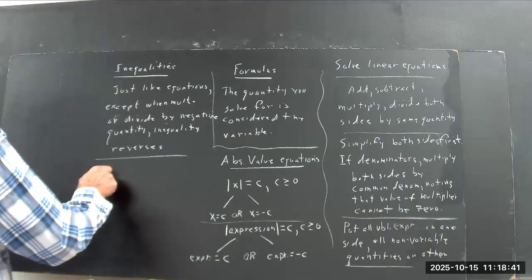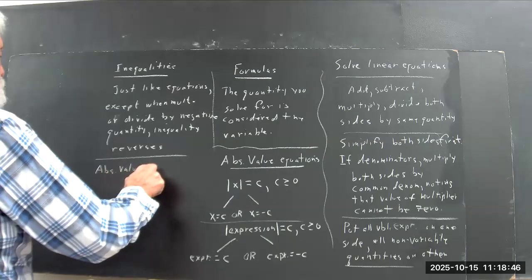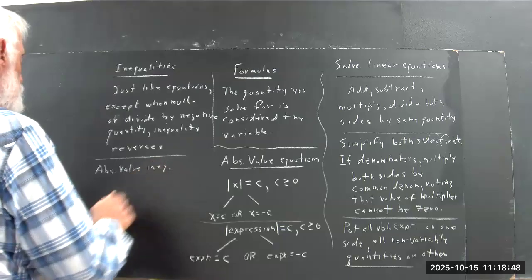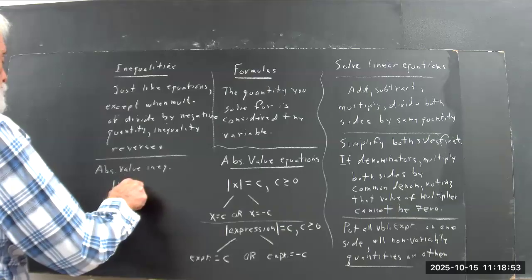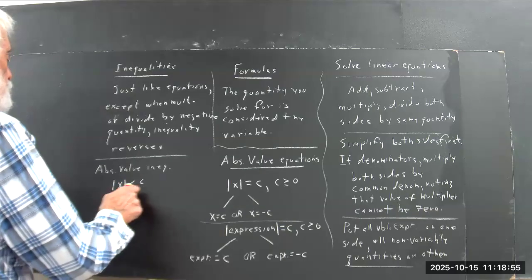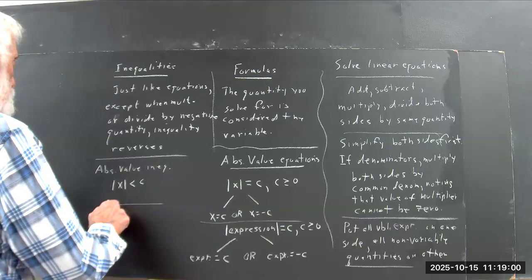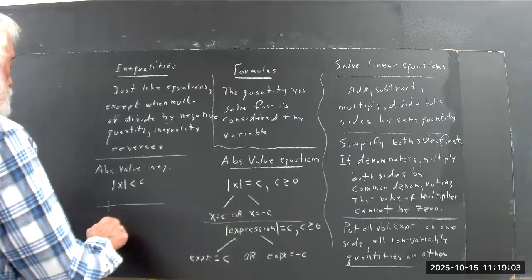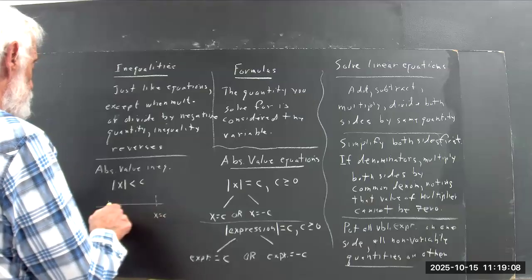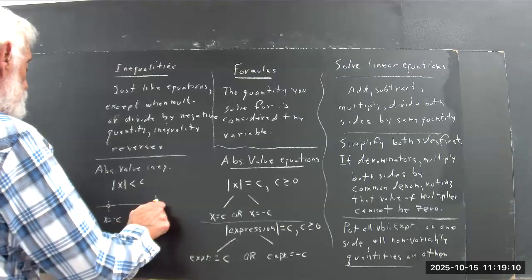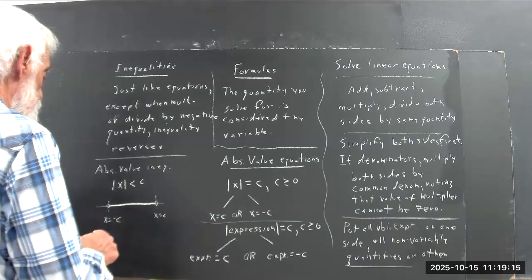Now, when you get to absolute value inequalities, first thing, if the absolute value of x is less than C, then here's x equals negative C, here's x equals C, and here's your solution set.